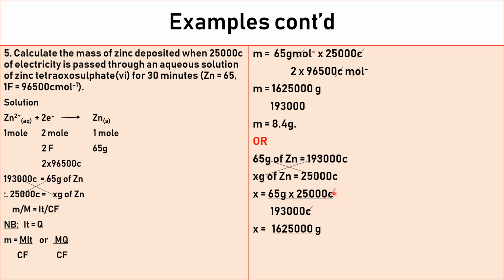Coulomb cancels coulomb, and we have 1,625,000 gram over 193,000, and that gives us the value of X to be 8.4 gram. So if you use the equation method, you get the same thing as the alternative method that we are talking about.